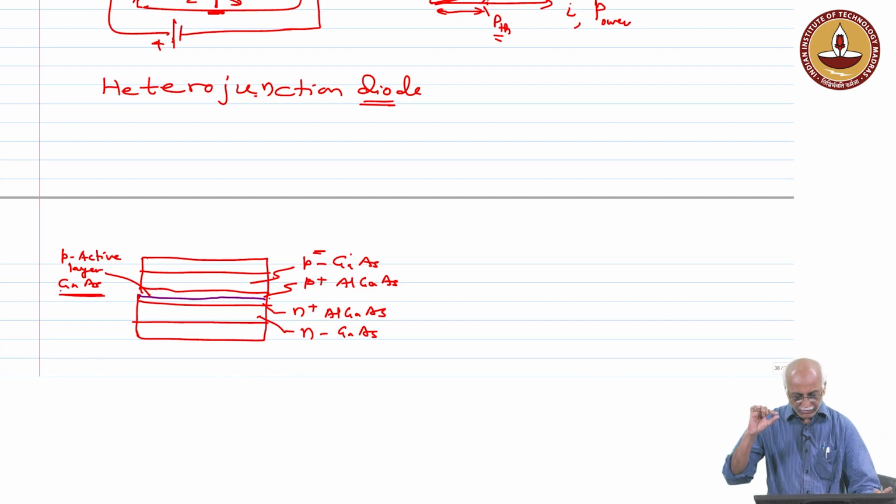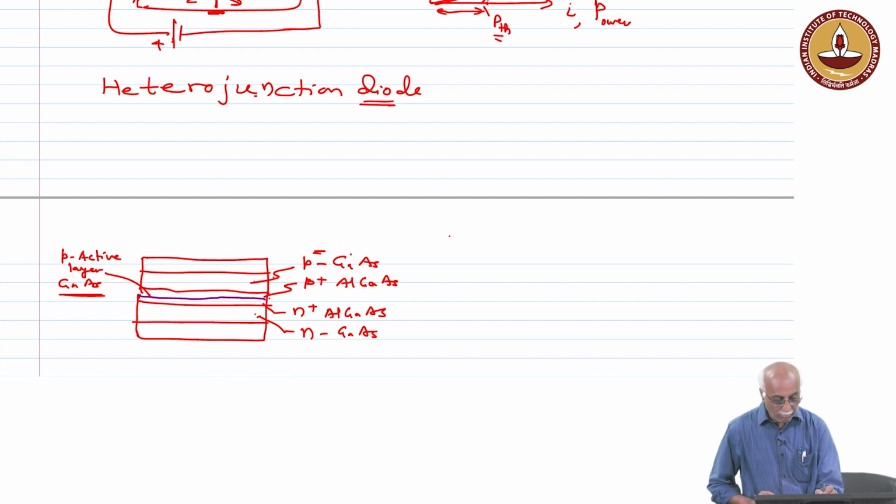So, there is a very small difference between the band gaps of adjacent layers. Adjacent layers have slightly higher band gap, while the P active layer has a slightly lower band gap. And if band gap is higher, refractive index of that material is lower.